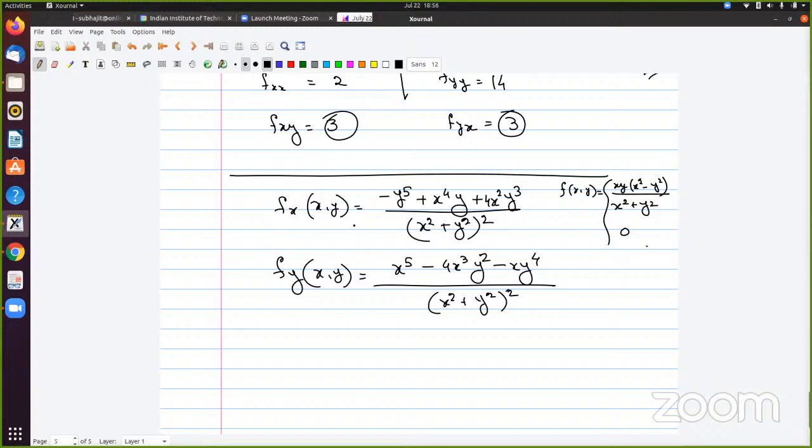Now, if we equate both of these to 0, that is where the critical points lie. All those x, y will satisfy this. So basically, we are getting these two equations.